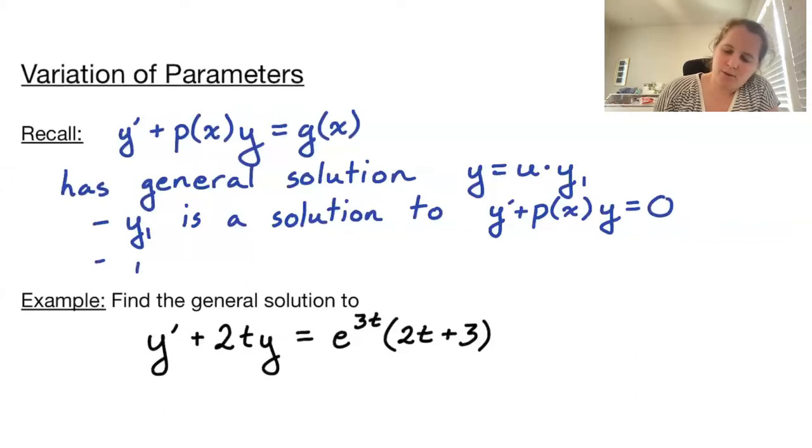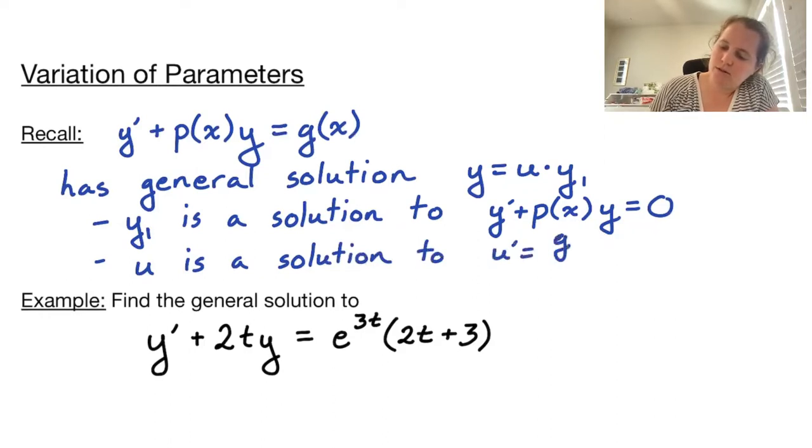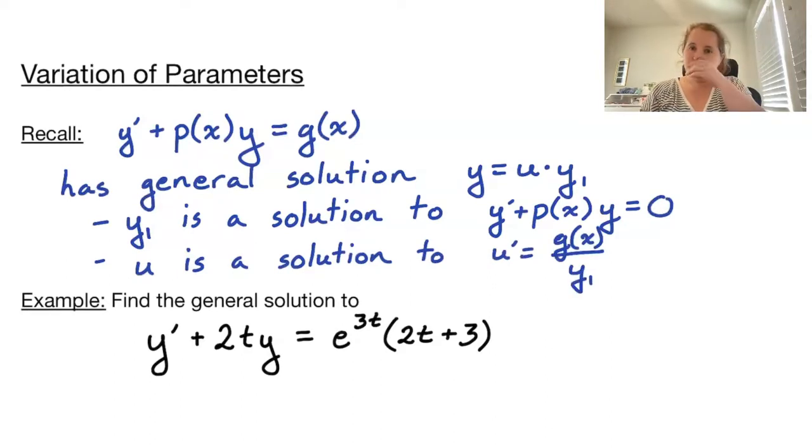And u is a solution to u prime equals g of x over y1. Technically, you could jump straight to the integral formula for u if you want, but that's more or less what I have there.